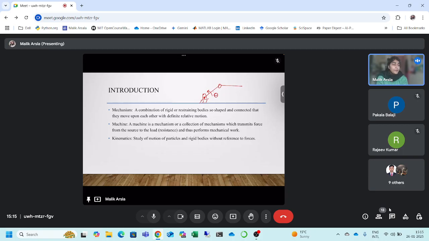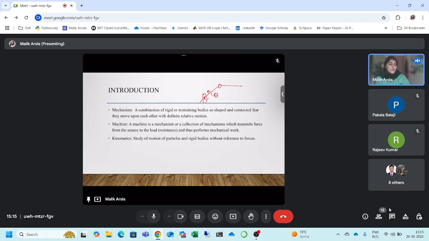In this course you are going to study how different mechanisms are formed, how motion is transmitted in different kinds of mechanisms, how velocity changes, or how velocity propagates from one link to another link. That is how you deal with the kinematics part. I'm not sure if in this course we have the dynamics portion also. There you can study about the forces.